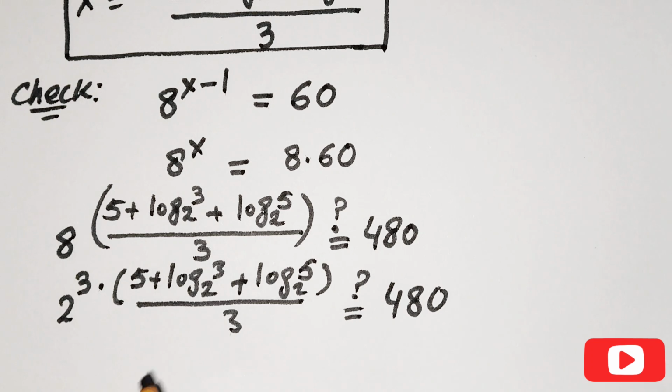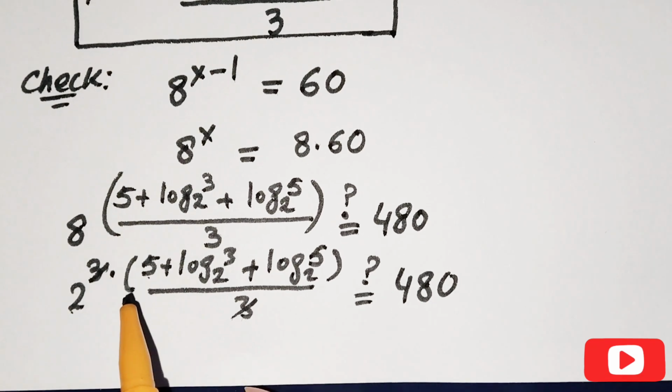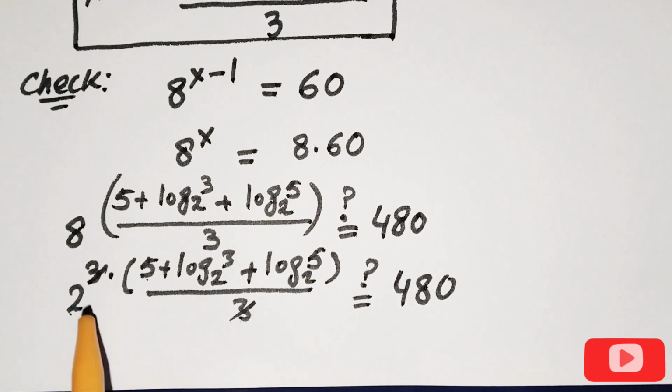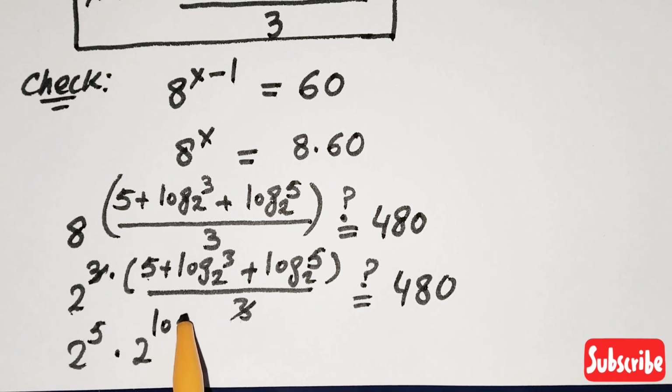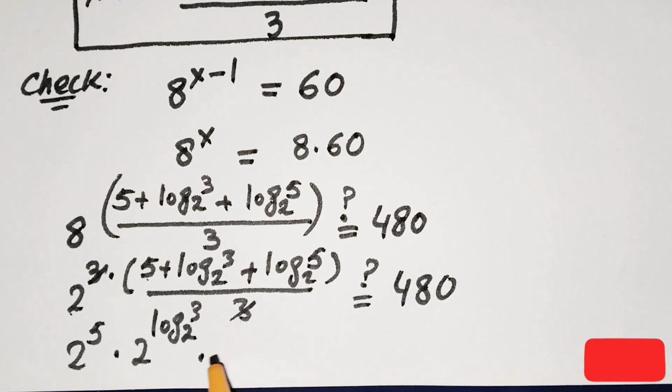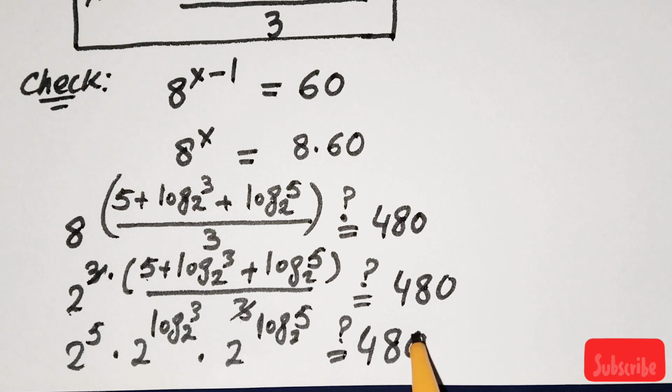Now if we cancel this 3 with 3, we get only 2 raised to the power 5 plus the logs. So by using the exponential law, we have 2 raised to power 5 times 2 raised to power log 3 to base 2 times 2 raised to power log 5 to base 2 is equal to 480.